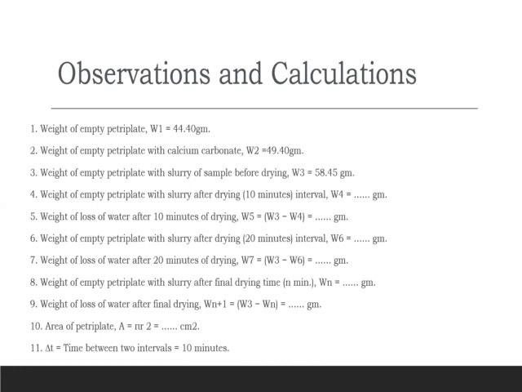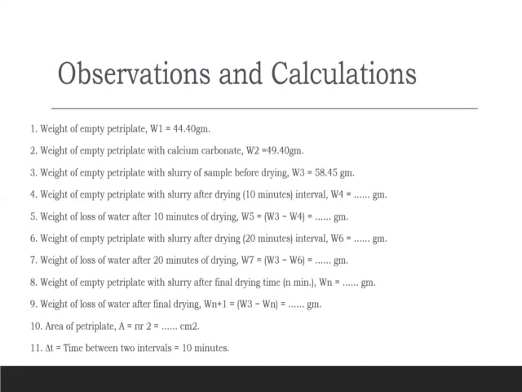Next is the weight of the Petri plate with slurry after drying at a 20 minute interval, which is W6. Next is the weight loss of water after 20 minutes of drying, which is W7, calculated by W3 minus W6.